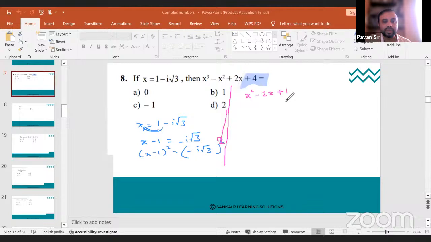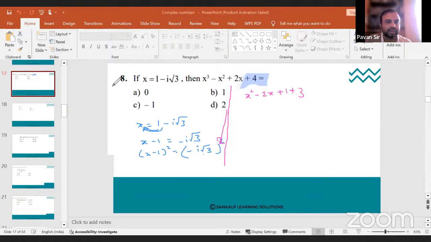This is x minus 1 the whole square. And when you replace the right side, it will become i square, and the 3 goes to the other side.